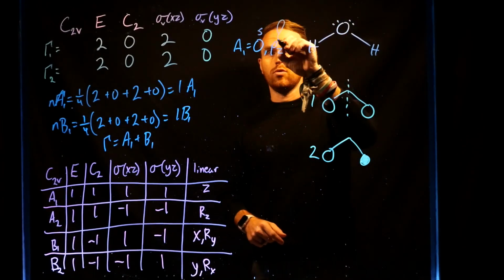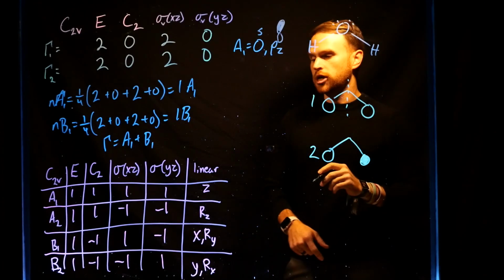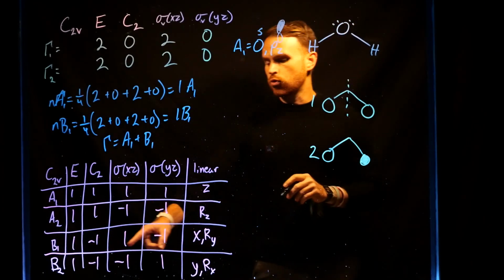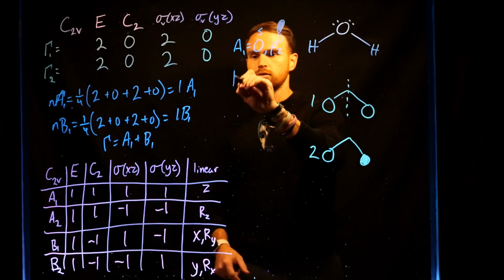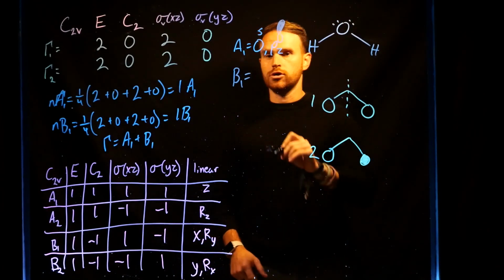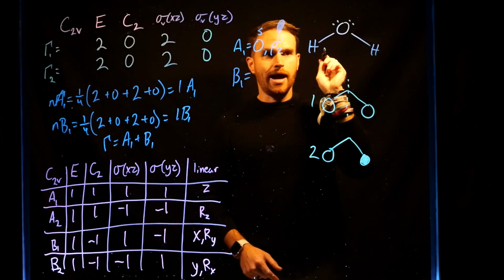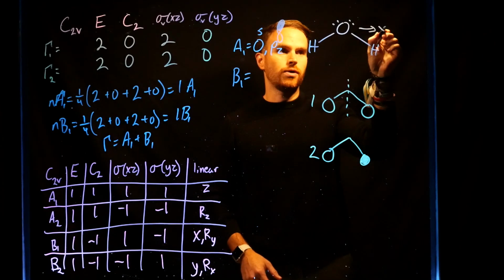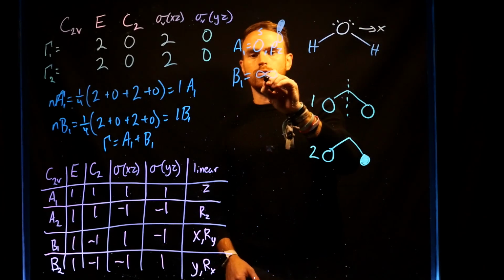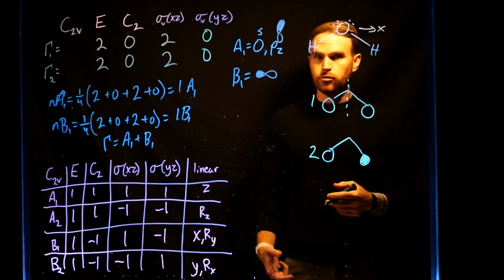And remember, the pz orbital looks like this, where you have one shaded region and one unshaded region. And then the B1 I see has an x in the column, so I know that this corresponds to the px orbital. Typically you will assign the axis that goes out as the y, which means the x-axis would be going in this direction, which means that the px orbital looks like this, again with one shaded region and one unshaded region.